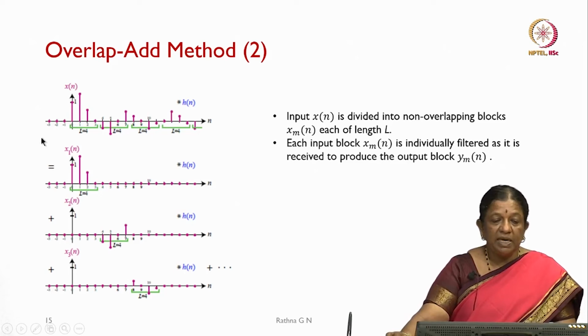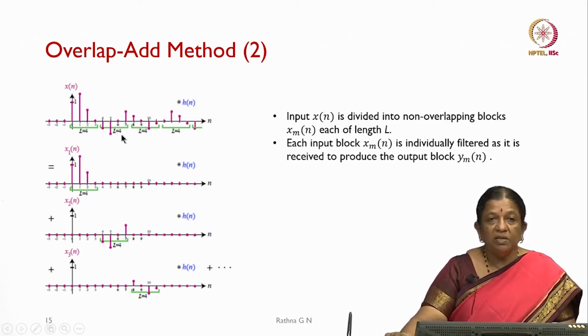You will see this as a picture here. Considering the length, in this case n is equal to 4. This is the first block which is going to be convolved with h of n. The other blocks are x2, x3 and x4. So, in this x of n signal, we have 4 L basically.